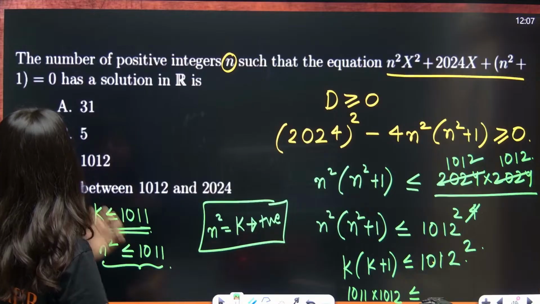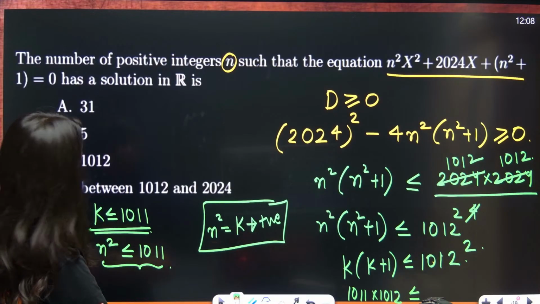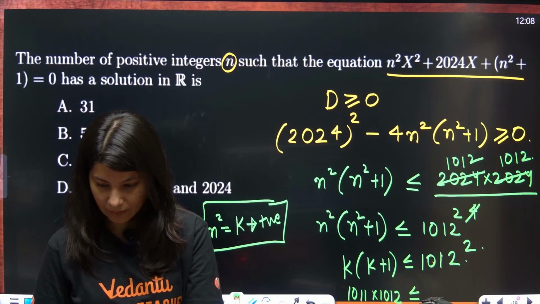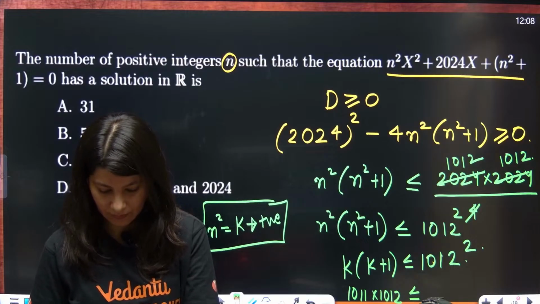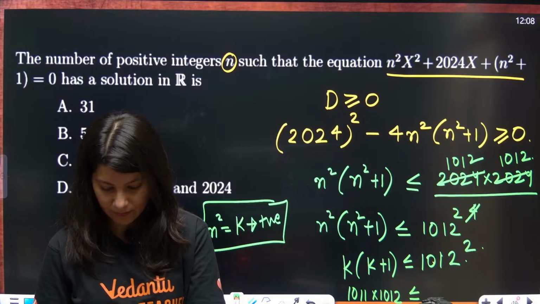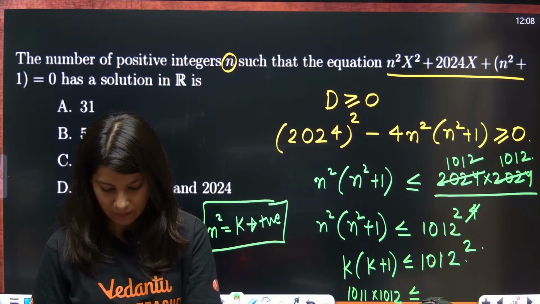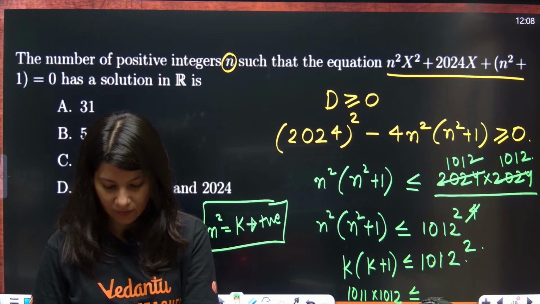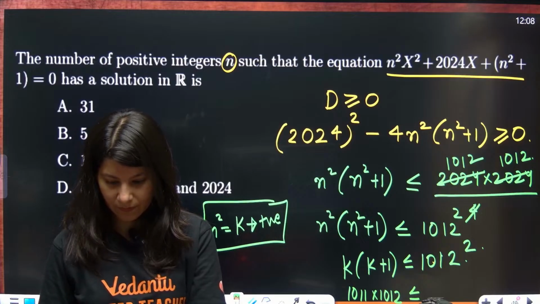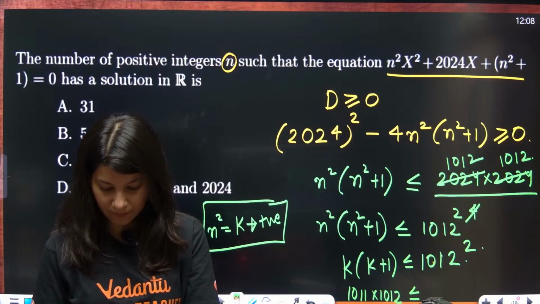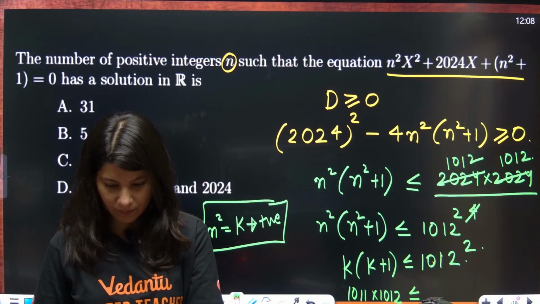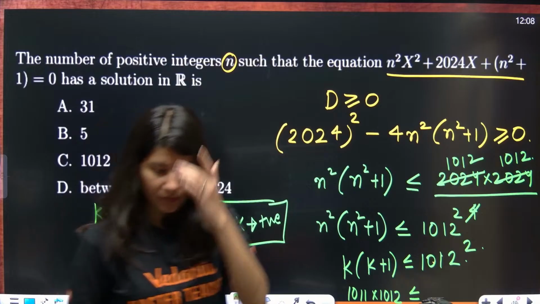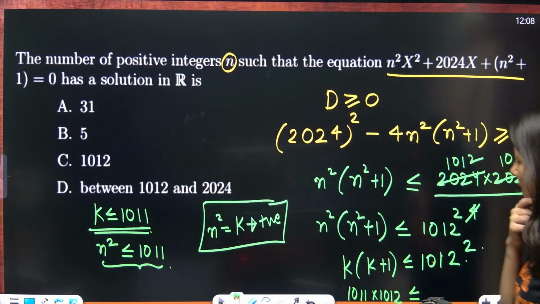The number of positive integers n for which... okay, I think I'm missing out on something.